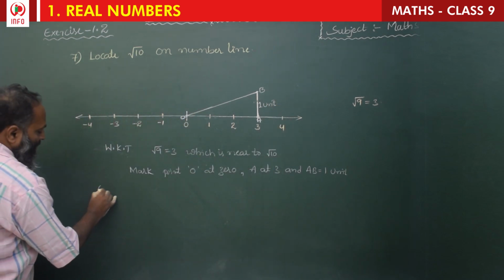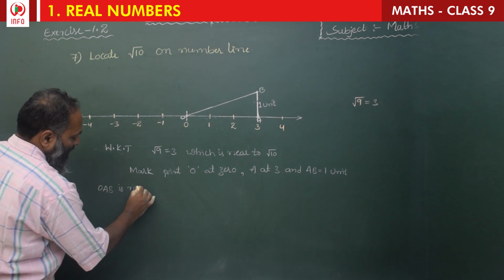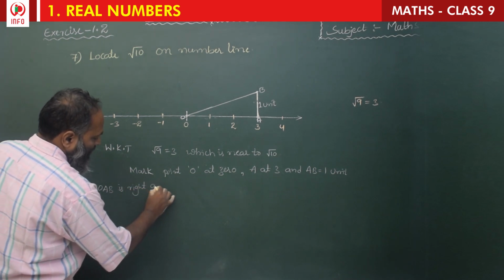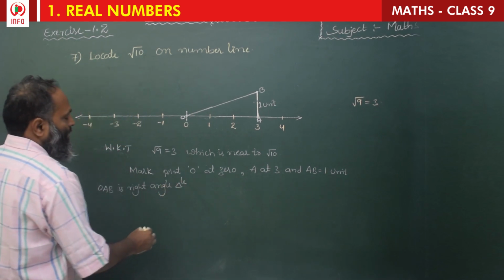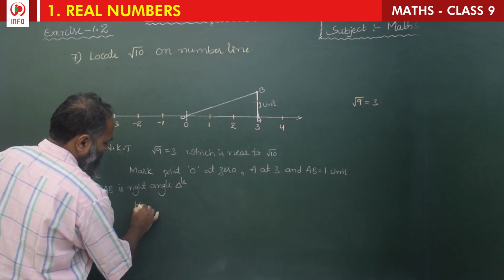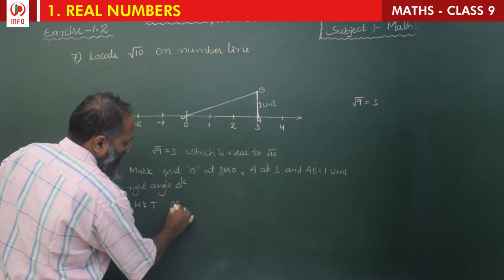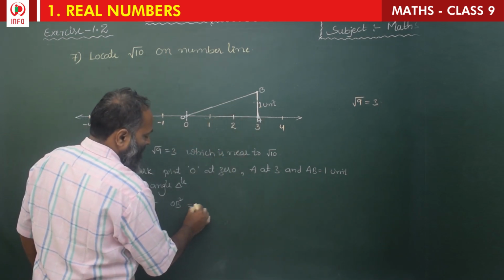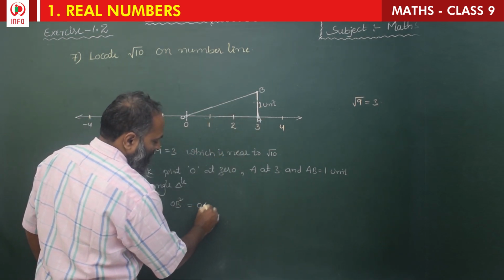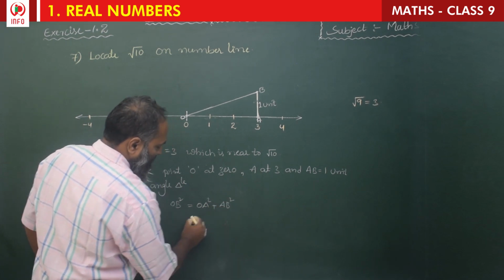OAB is a right angle triangle. So we know that OB square, the slant side square, is equal to the sum of the squares of the two perpendicular sides, that is OA square plus AB square.